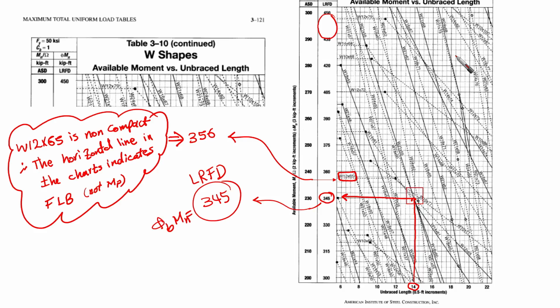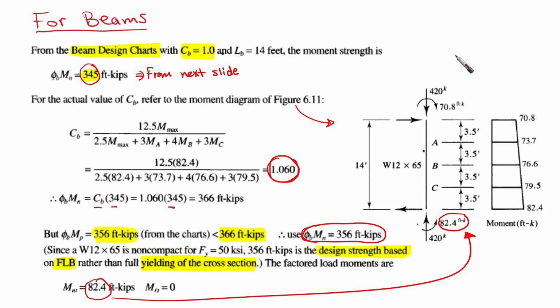Okay. Now we are here. So we found that CB is going to be 1.06. In this case, the maximum flexure strength for the beam is going to be 356, not 366.